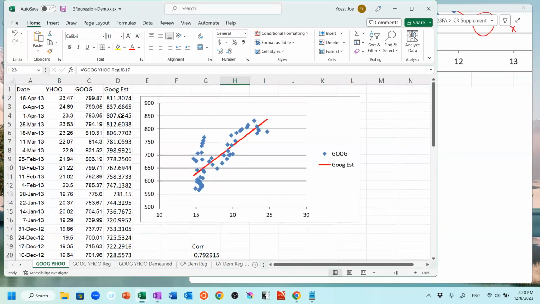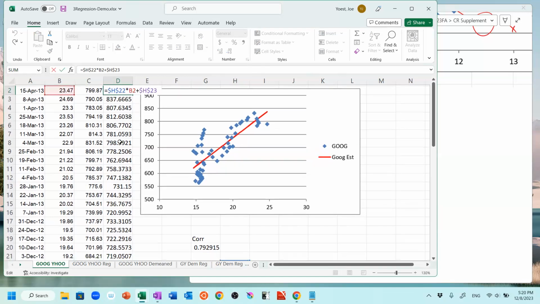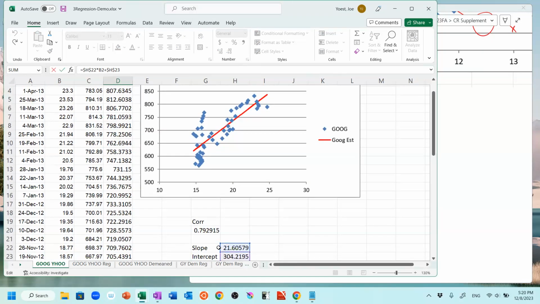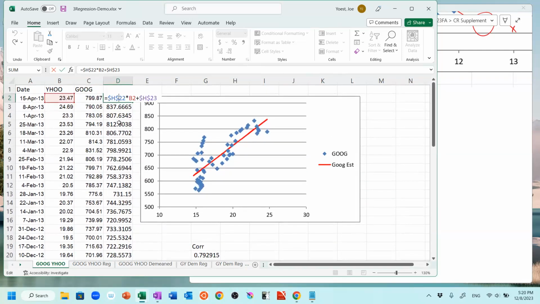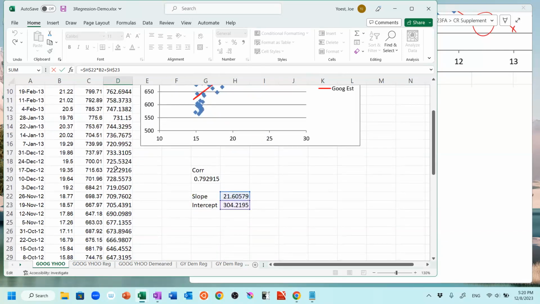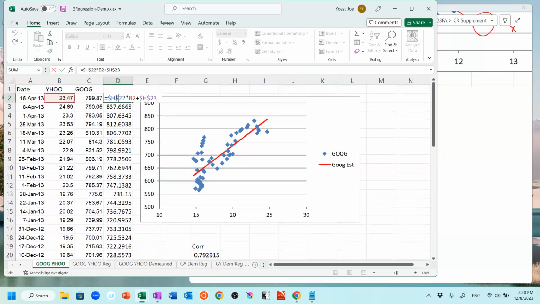So I got this red line on here just by making a new column, Google estimate, and it is just the intercept 304, that's H23, plus the slope, H22, times the Yahoo price. So for each of the data points, I'm just choosing to compute the Google estimate.